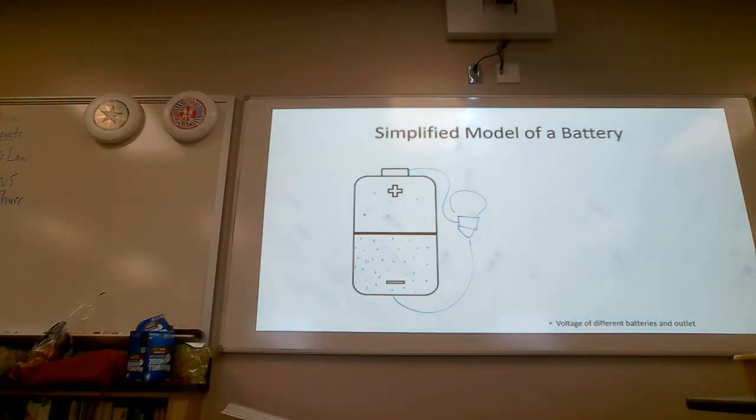Now, to make a connection with life, what is the voltage, the electric potential difference across the positive and negative terminal of a AAA battery? Anybody know that? 1.5 volts. Okay. How about a double A? 1.5 volts.